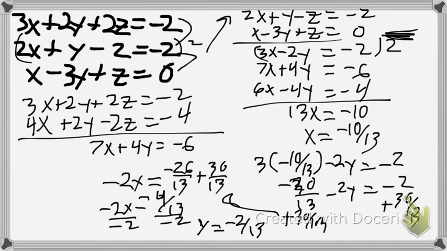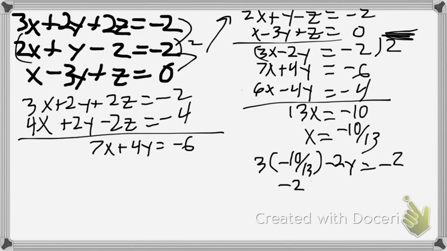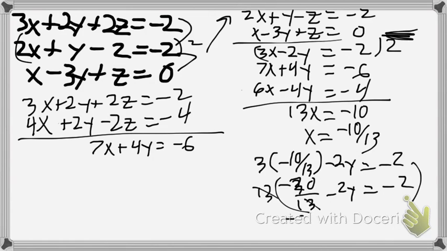Now that's also correct. I'm going to show you a slightly different way to do it though. So we start here. We get here, okay? And now I'm going to multiply the entire thing by 13. That's going to clear my fraction. So now I have negative 30 minus 26y equals negative 26.